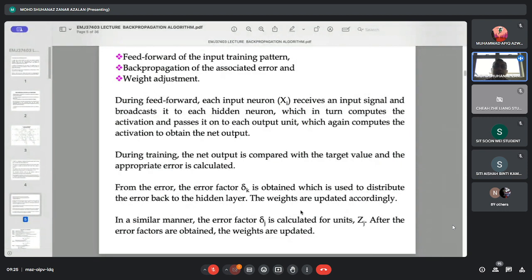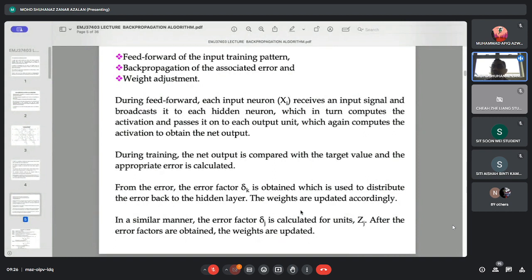So let's say when you are training the data and you get the output, let's say 0.5, and the target is equal to 1, so you have a difference of 0.5. If we say the network needs to be stopped when the error reaches 0.05, that means now we have 0.5, which has not reached 0.05, so it will update the weightage again until it reaches 0.05, then the training will be stopped and we will have a final weightage.